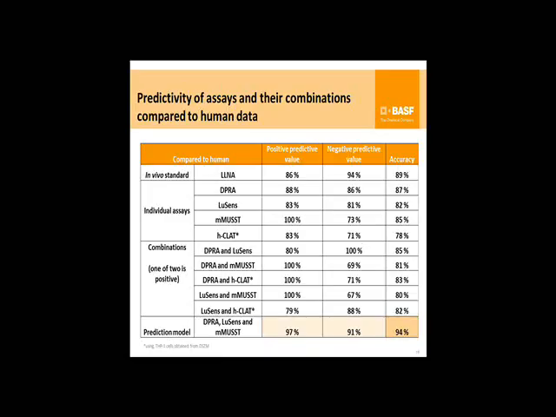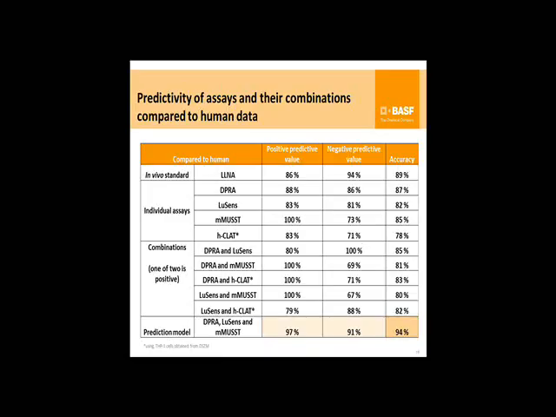Hence we continued our analysis by combining the different assays. We did that by selecting two assays each, and whenever one of the 2 assays was positive, we rated the overall result as positive. Doing this, we see that on the positive as well as on the negative predictive side, we have increased the predictivity tremendously.